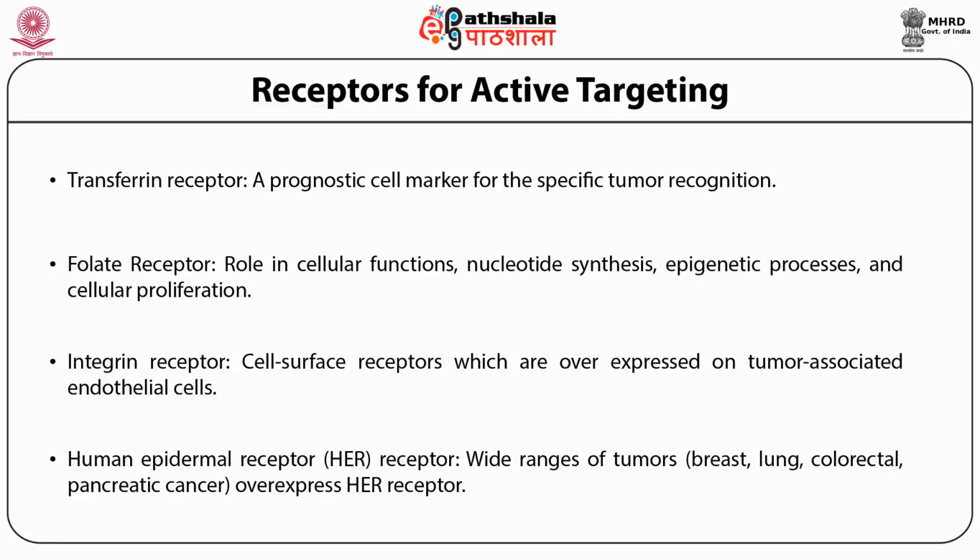The family consists of four members: EGFR, also known as HER1, HER2, HER3 and HER4. This receptor is overexpressed in a wide range of tumors such as breast cancer, lung cancer, colorectal cancer, and pancreatic cancer.